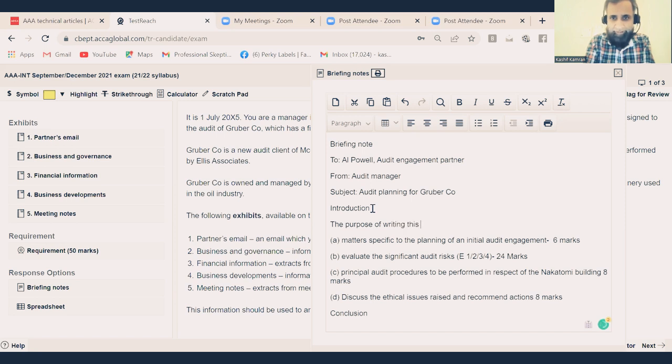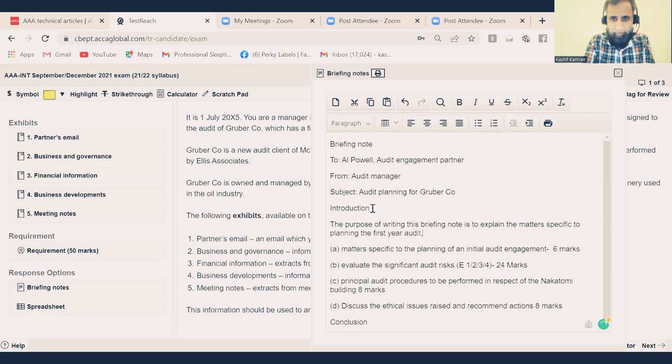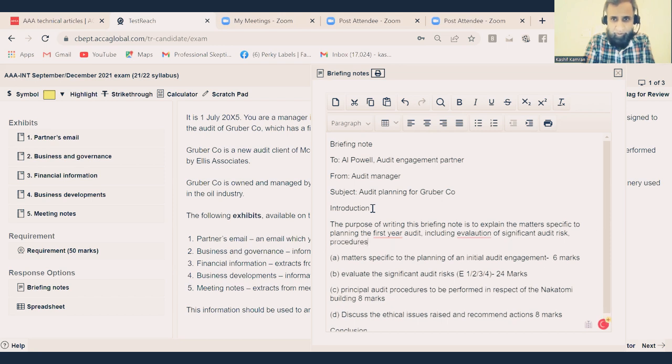The purpose of writing this briefing note is to explain the matters specific to planning the first year audit, including evaluation of significant audit risk, procedures on the Nakatomi building, and the ethical issues.